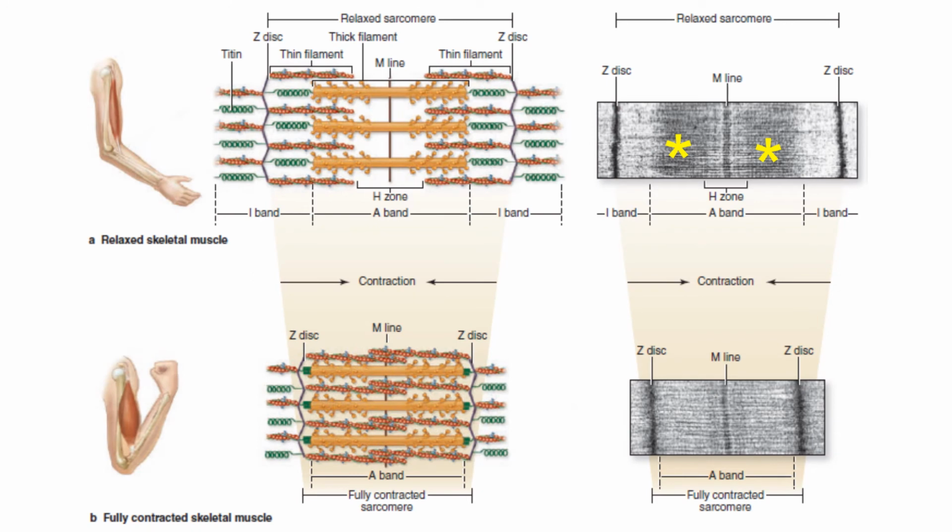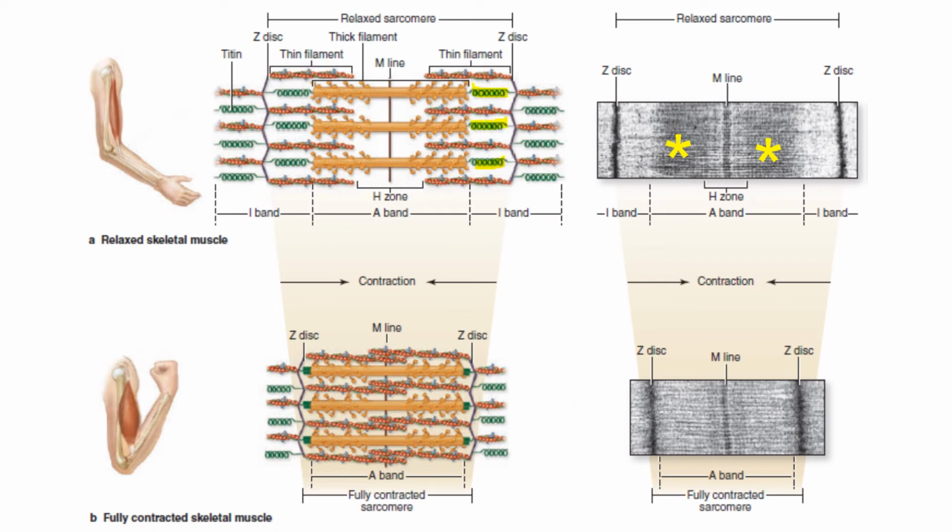Let's focus on changes occurring in the sarcomere during muscle contraction. The upper part of the figure demonstrates a sarcomere in a relaxed muscle, while the lower part of the figure is showing a sarcomere during contraction. Do you remember these? These are the titin filaments.